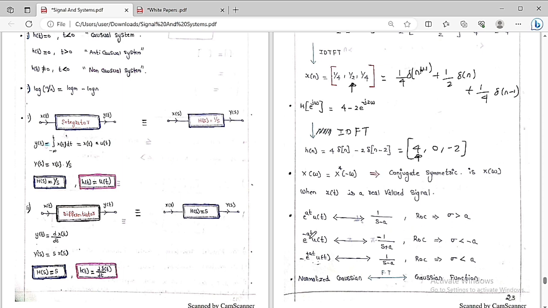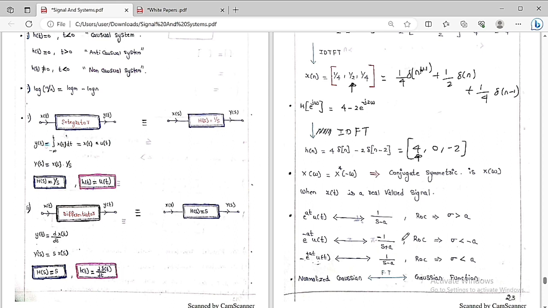Suppose e to the power of minus at into u of t has a Laplace transform, which is, listen carefully, 1 by s plus a.